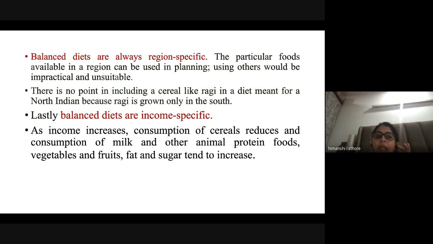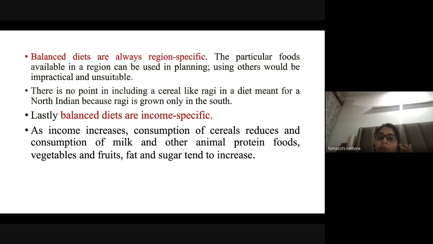Then lastly, the income. If my income is more, I can afford more proteins, like I can afford eggs in my daily diet. I can afford milk, two glasses of milk. Then my diet may be different from one who cannot afford protein rich foods or the expensive fruits. So income is a very important point.